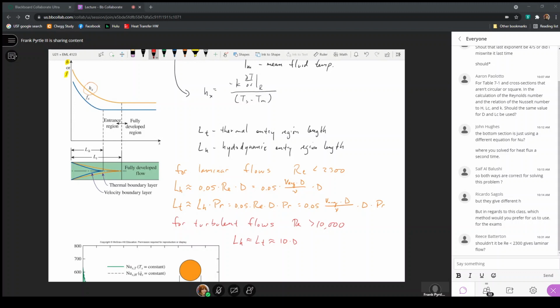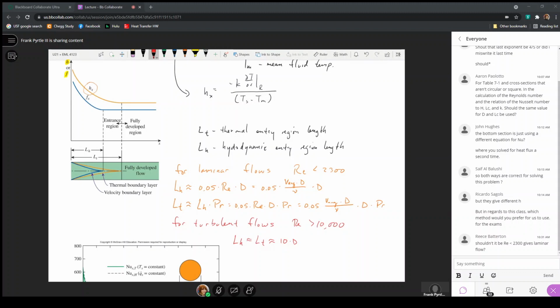Well, if the molecules are circulating, their ability to share momentum and to share thermal energy is very high. And so the length of pipe that is required for the velocity profile to become a constant and the shape of the temperature profile to become a constant is about the same, and it's taken to just be 10 times the diameter.